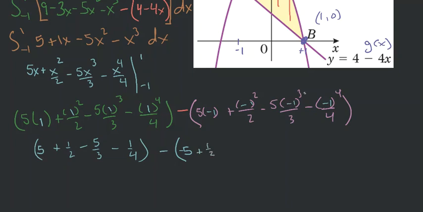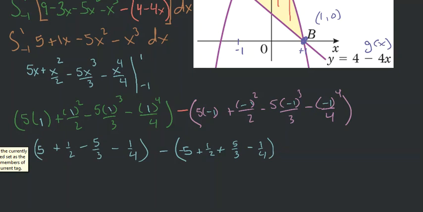This minus 1 to the third is going to be minus 1, so that minus 1 and that minus on the 5 are going to eliminate each other, leaving us with 5 over 3. And then this minus 1 to the fourth power is going to be a positive, so that's going to leave us with minus 1/4.